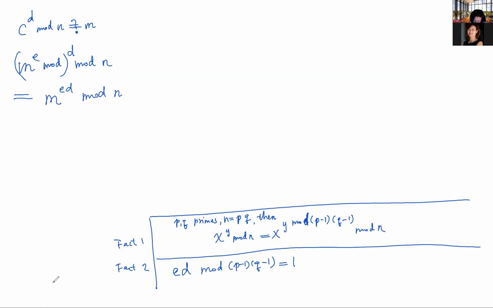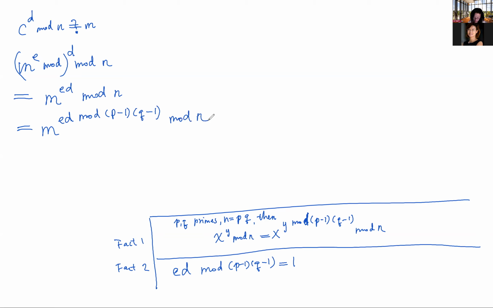Look at fact 1. This means that we have an x to the power of y situation, right? And because n is the product of two large primes, we can apply this theorem and rewrite it to mod the totient function, p minus 1 and q minus 1, mod n.